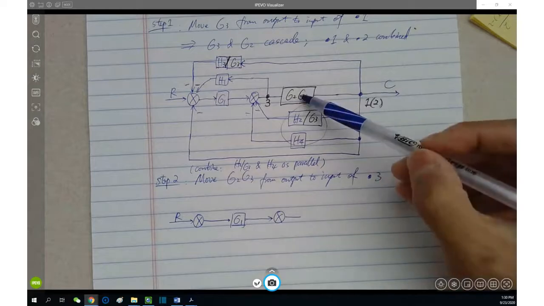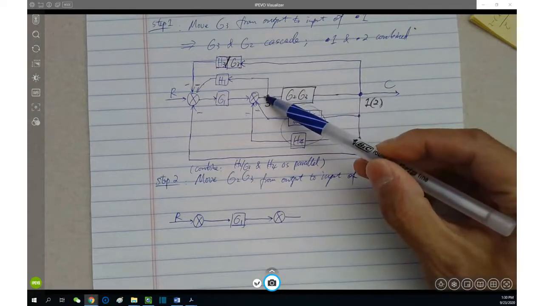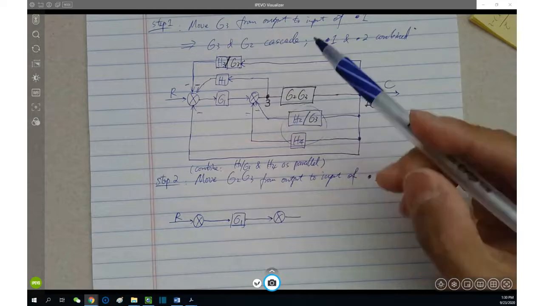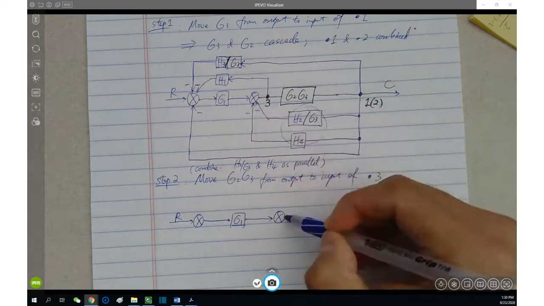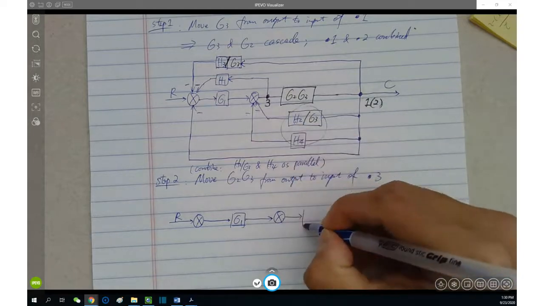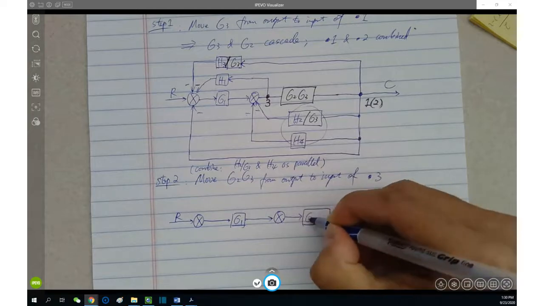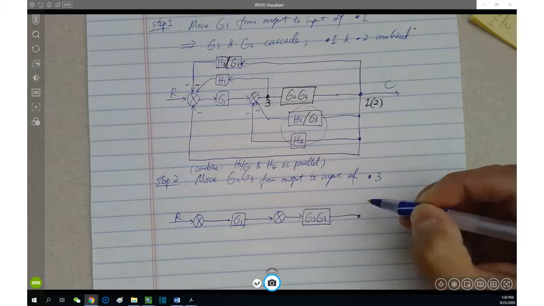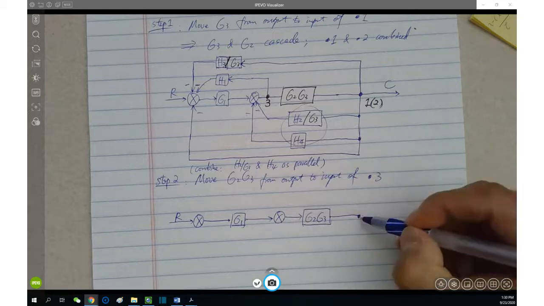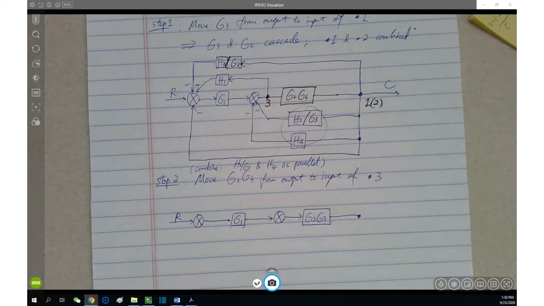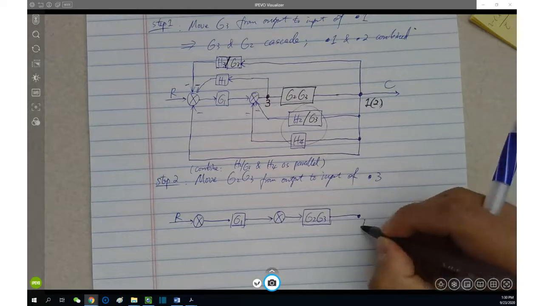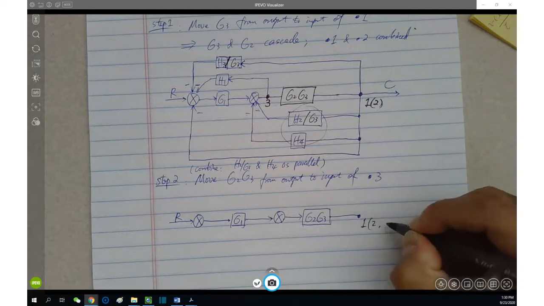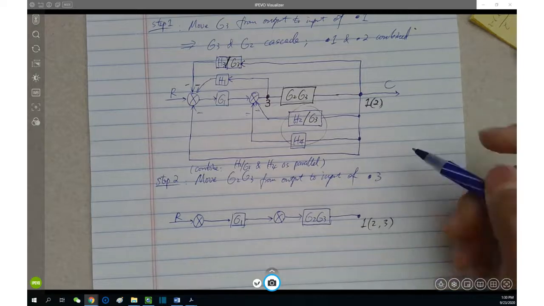So G2, G3 over pickup point 3 to here, and then this summing junction is nothing but this guy. And then you have G2, G3 here, right? This is the summing junction combined, which is nothing but 1, 2, and 3. That makes sense.